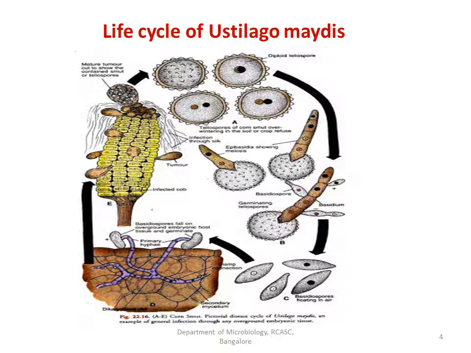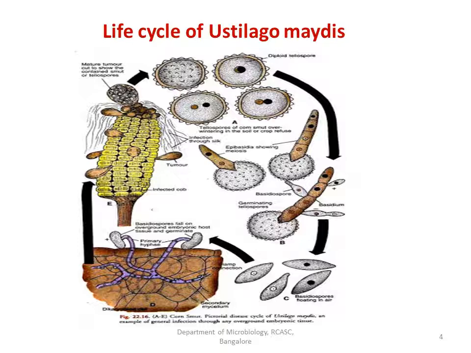This diploid cell starts germinating. It absorbs some moisture, and because of the absorption of moisture, turgor pressure is created inside, because of which the exine ruptures and the intine produces a germ tube.